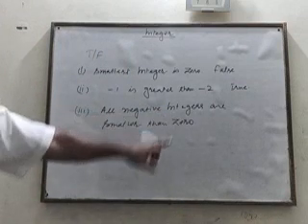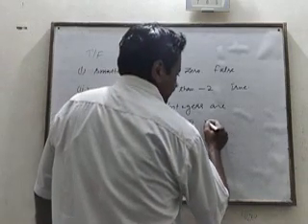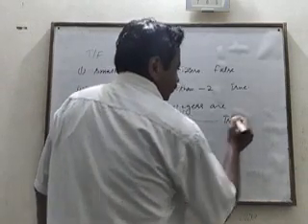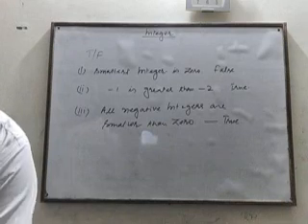All negative integers are smaller than 0. True. This statement is true. So what are we doing? A little bit of mental practice for the understanding of integers.